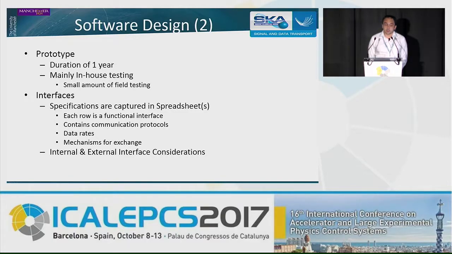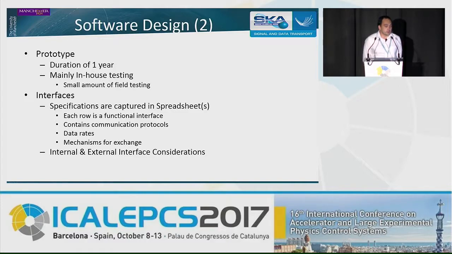There was a small amount of field testing, but it wasn't really deemed necessary to do a vast amount. Now, what was pivotal to allow us to do this prototyping work for as long as we did was interfacing. More particularly, documentation of the interfaces, both internal to our work package and external to other consortia.